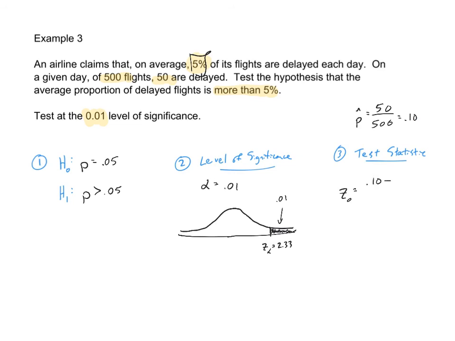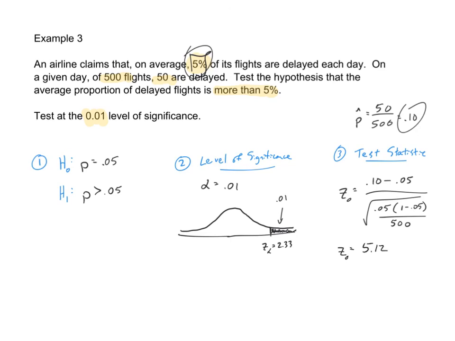So 0.10 minus 0.05, that's p-hat minus p0, the 5%, divided by the square root of 0.05 times 1 minus 0.05, divided by the 500 flights in my sample. Now, when I type that into my calculator, holy cow, I get a z-score, z0, of 5.12.